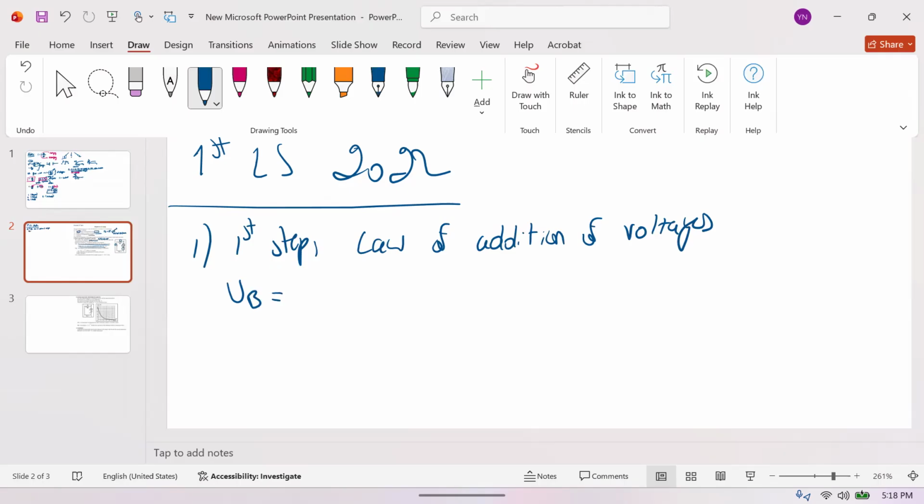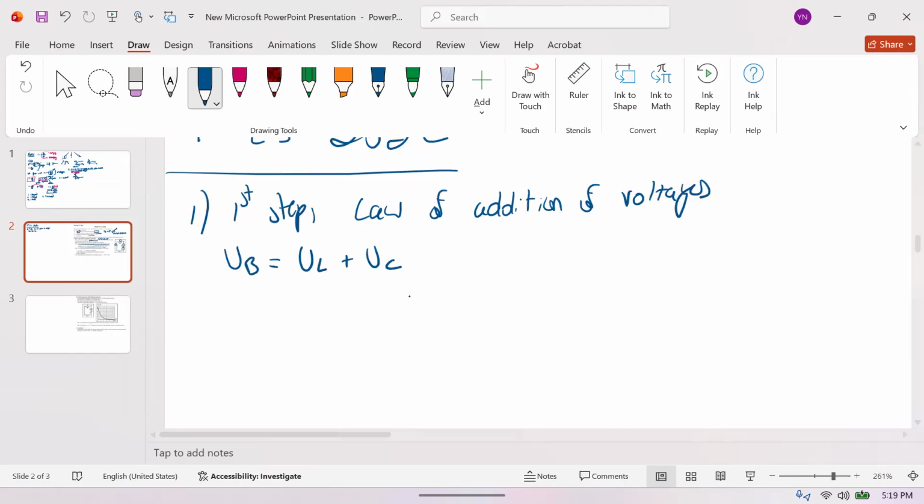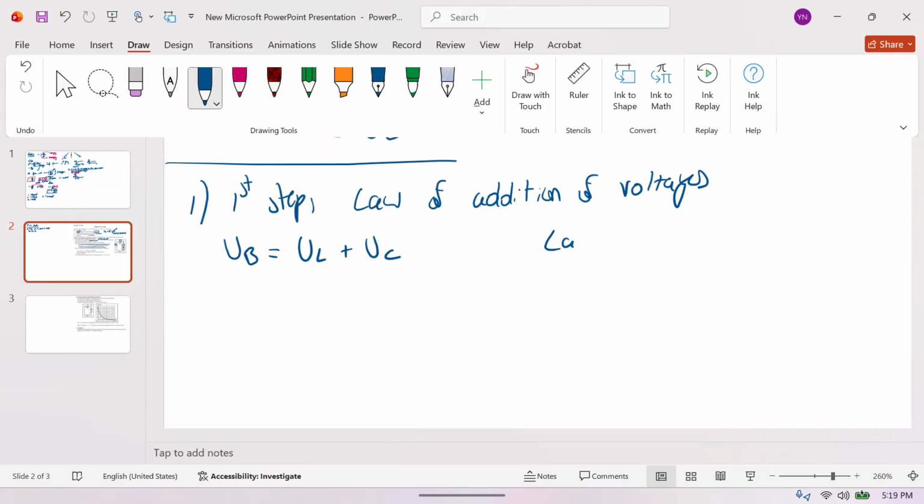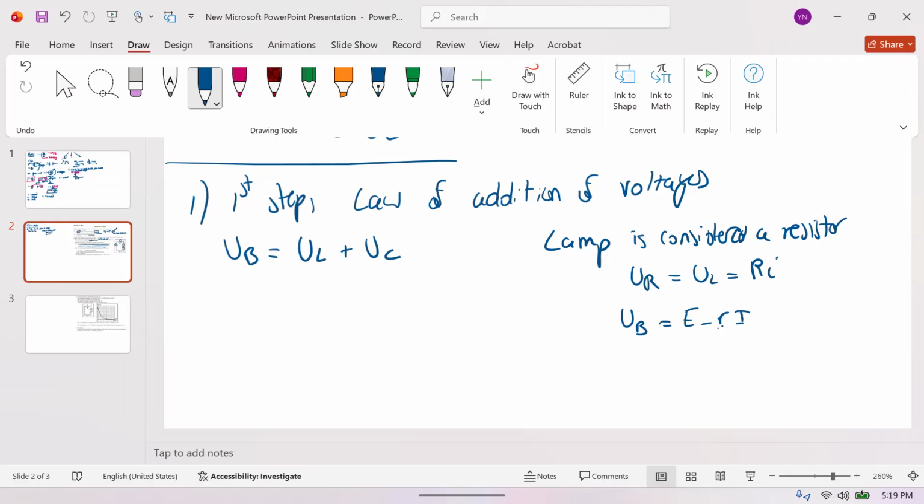The battery is giving out to the lamp and the capacitor. Now, since the lamp is considered a resistor, every time we have a resistor, the voltage of a resistor, we can replace it by Ri. And U of the battery, now we said that the battery is ideal, so it's E minus Ri. And since it's ideal, we can remove this part, so it's only E.